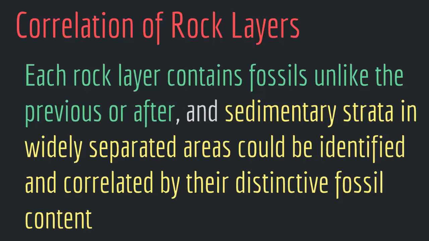So if you have two strata in two different geographical locations but they contain the same fossil, you basically correlate these two strata and you say that they were deposited at the same time, because each rock layer contains fossils unlike the previous or after. Therefore, these two strata, even though they are from two geographically different areas, have to be matched up or correlated. This is a way we can use fossils in geological dating. We can basically correlate layers.